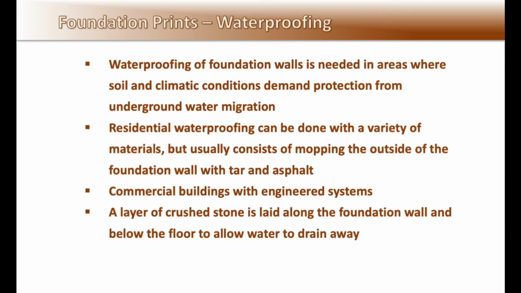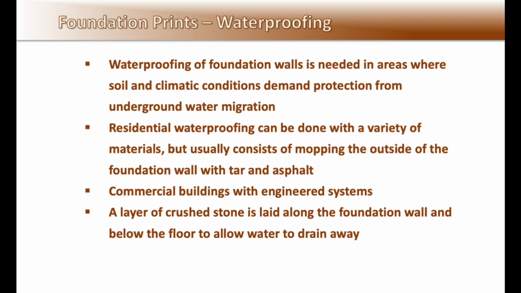Waterproofing. Concrete resists moisture flow through it, but is not waterproof. Waterproofing of foundation walls is needed in areas where soil and climatic conditions demand protection from underground water migration.